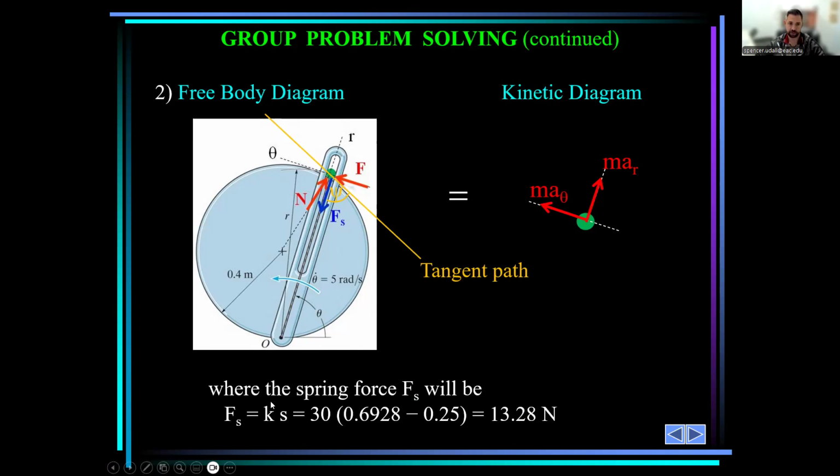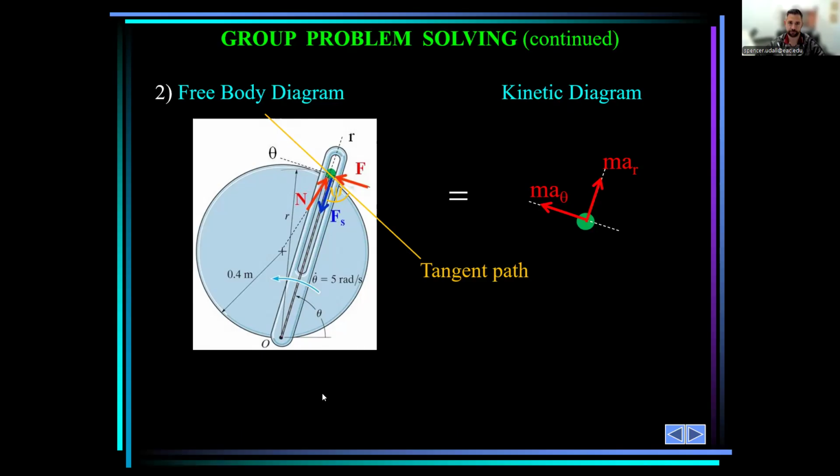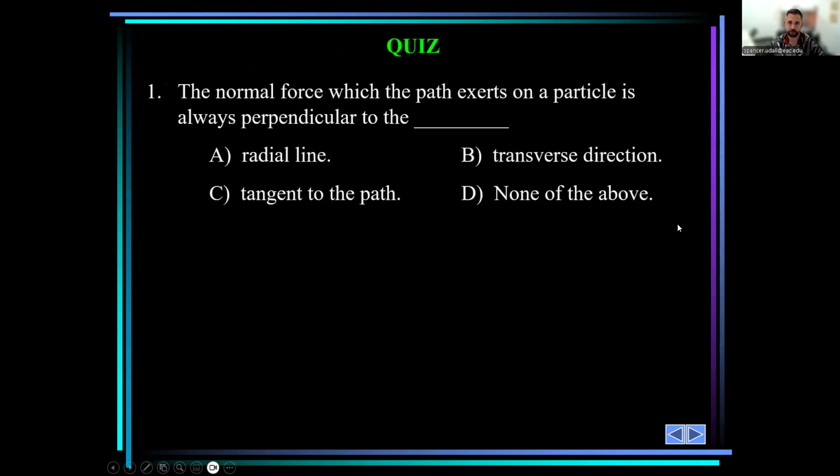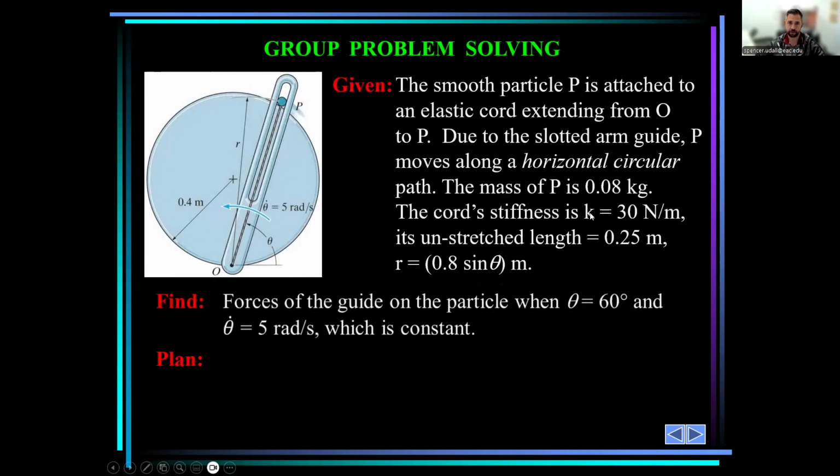So the force of the spring is the spring constant K times some change in length S. They gave us 30 newtons per meter at the beginning, so 30 newtons per meter is our K. It was originally unstretched at 0.25, and it's stretched to some distance. If only we had a way to measure that R. Oh, we do.